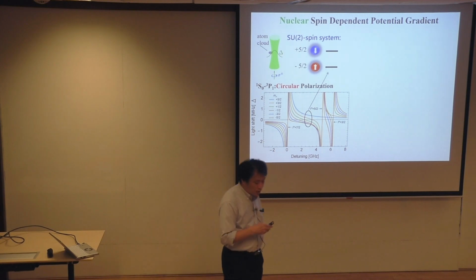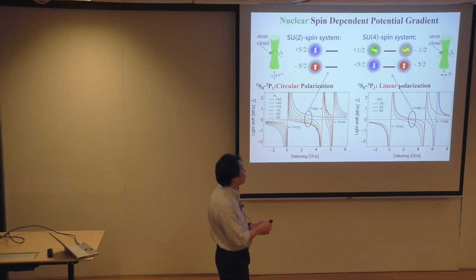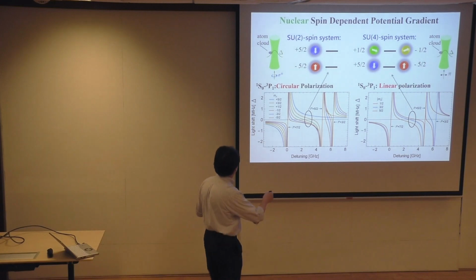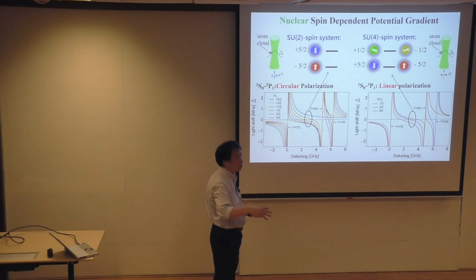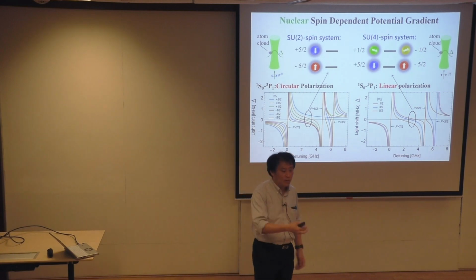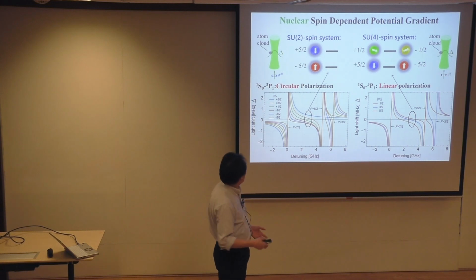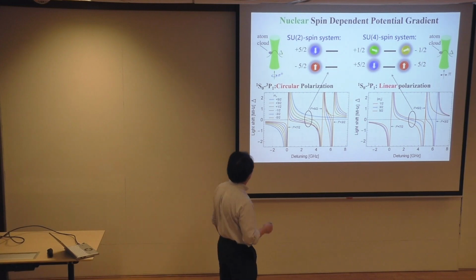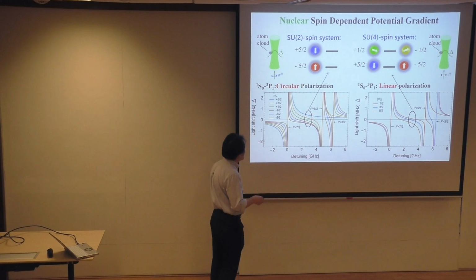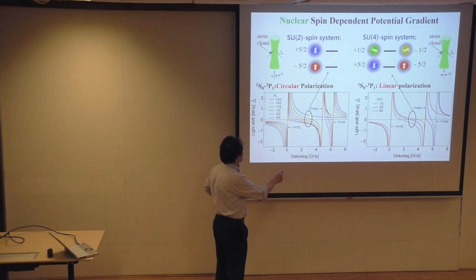But in the case of SU(4), we instead apply a linearly polarized laser beam. I didn't say about this resonance. These resonances correspond to the optical resonances of the singlet S0 to P1 transition, split by hyperfine structure. Our laser beam is set at this detuning.